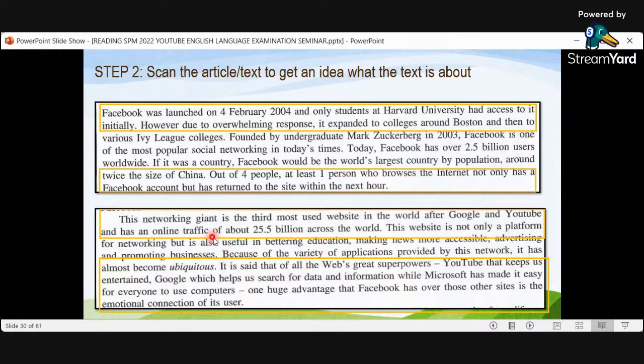So the second paragraph tells me about it being the most used website and how it is different compared to the other websites like Google, YouTube, and Microsoft. Okay, so that's basically how you just quickly read and get an idea it is about Facebook and how Facebook has its advantage. So far I'm looking at the advantage and its plus point, right?